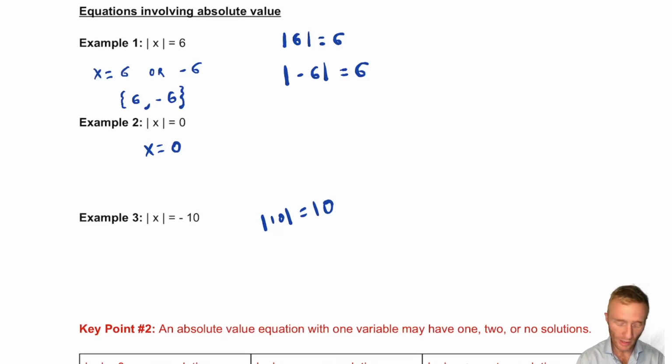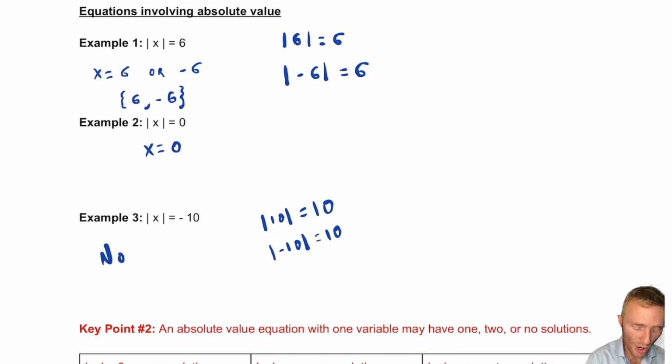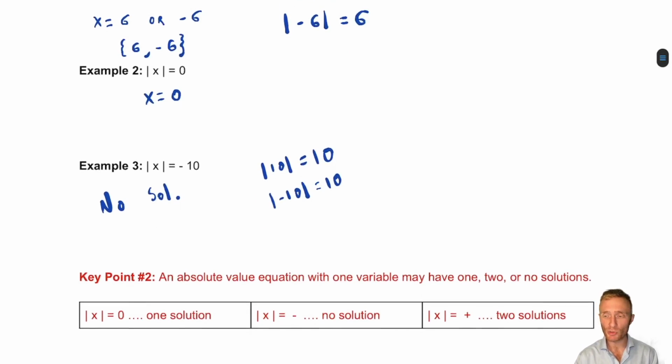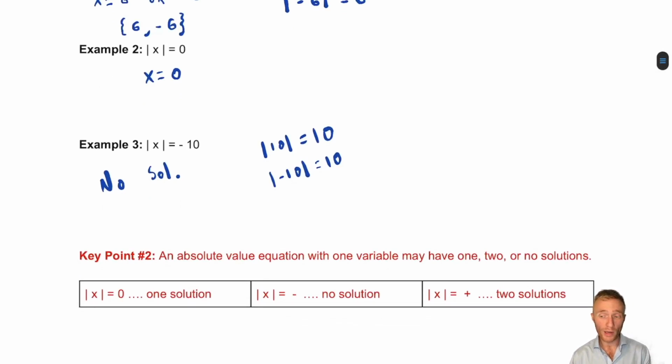So that doesn't work. If we put in a negative 10, we get out a positive 10. There's no way to pull a negative 10 out of that absolute value, so this has no solutions. So key point number 2 is an absolute value equation with one variable may have 1, 2, or no solutions.